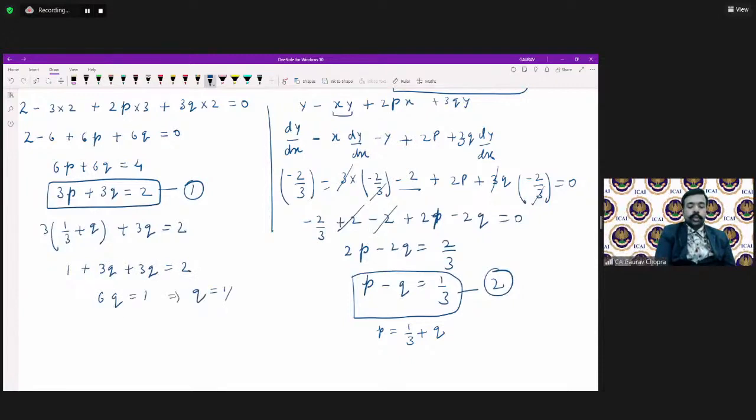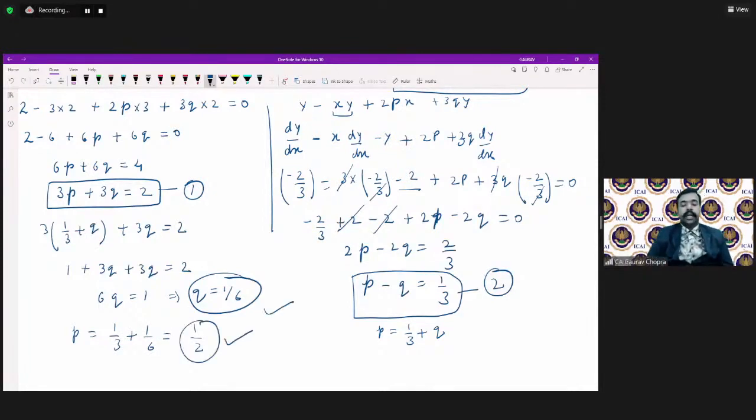So q is equal to 1 by 6. So finally we got the value of q, which is equal to 1 upon 6. Similarly, by substituting this, we can find out the value of p. So p is equal to 1 by 3 plus 1 by 6. That is equal to 1 by 2. So this is the value of p and q.